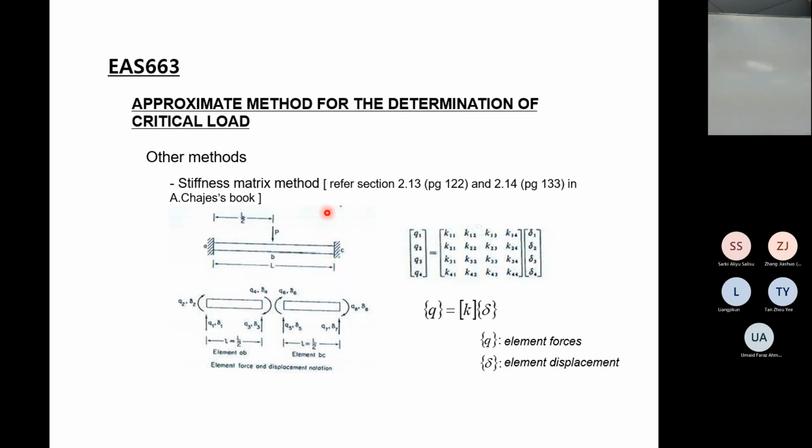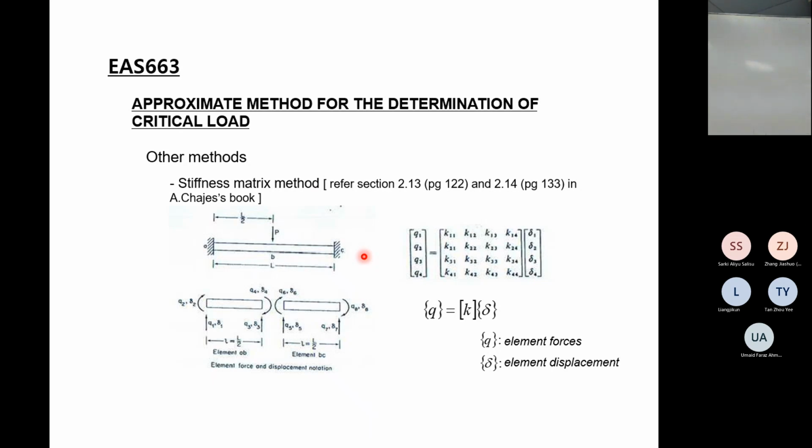The basic idea of the stiffness matrix method, similar to the finite element method, is that for a given problem, we divide it into elements.